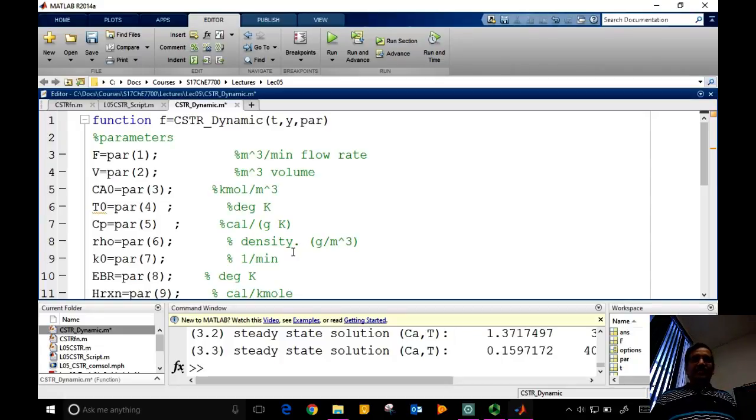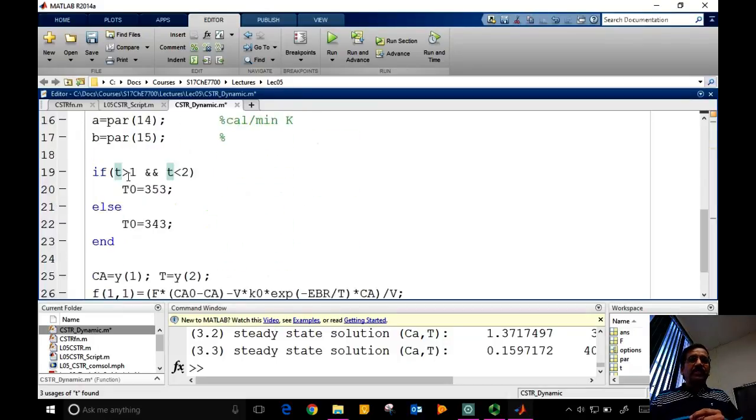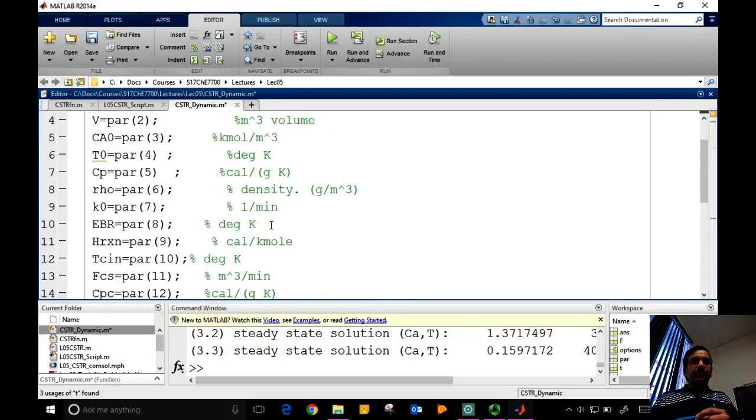So it's exactly the same as before in terms of parameters, but it will come within this function with the value of t. What is the current value of time? Because it needs to estimate all the function values, the current value of time will be available. And then I'm saying here, if t is greater than 1 and t is less than 2, t0 is 353, else t0 is 343. Now what was t0?